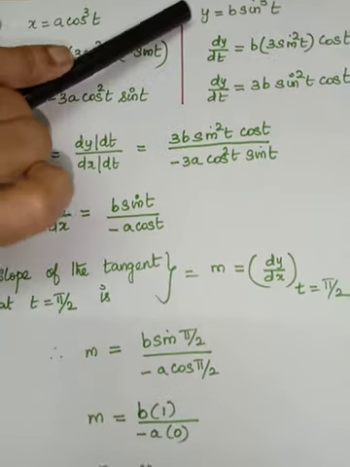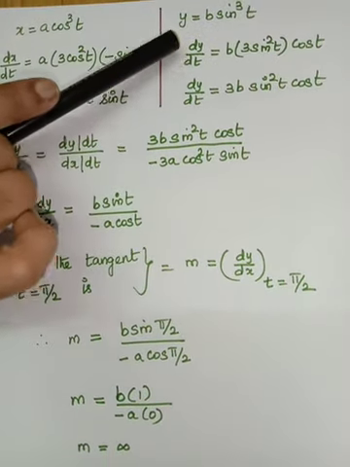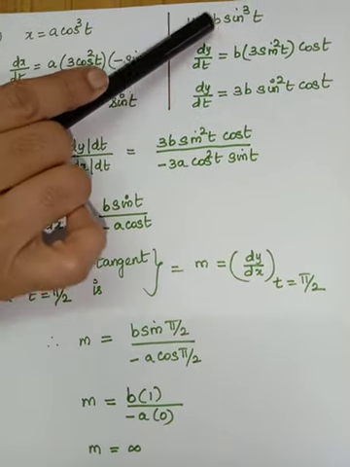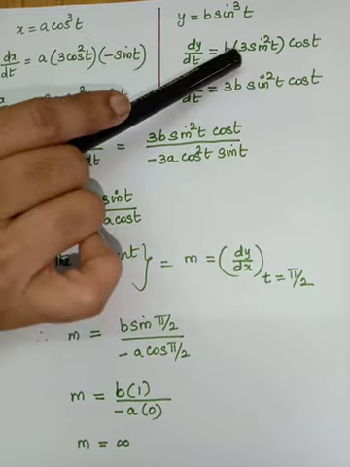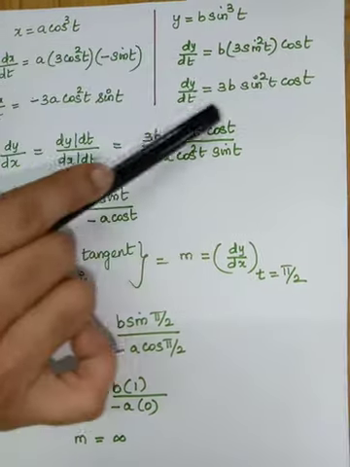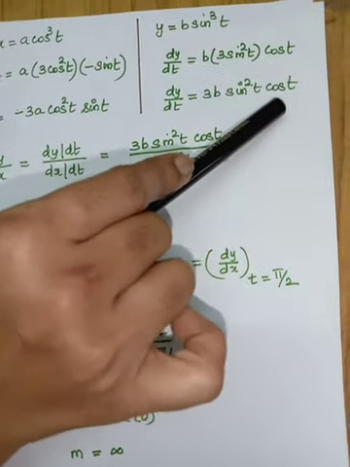Take the next one. y = b sin^3 t. Using the chain rule, you have to differentiate this. So dy/dt, b is a constant. sin^3 t can be differentiated as 3 sin^2 t cos t. So dy/dt = 3b sin^2 t cos t.